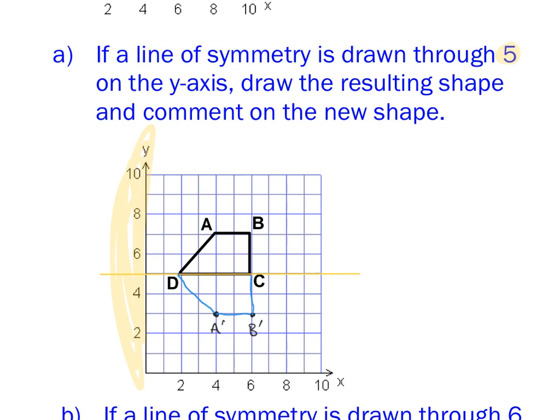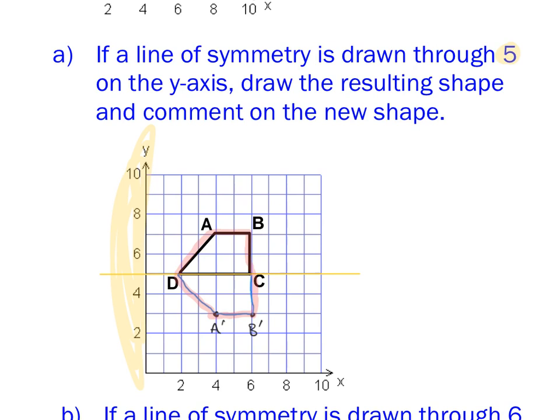And this entire thing forms a new shape. So we drew quadrilateral ABCD after being reflected through that line. And now what's the new shape? Overall, what's this shape? Well, this shape has 5 sides.